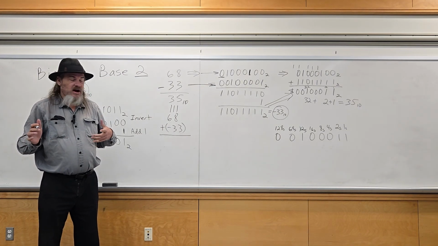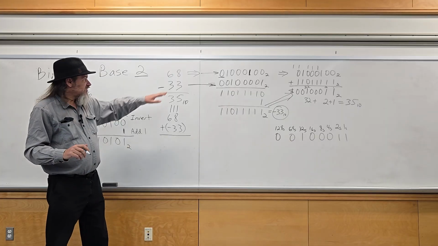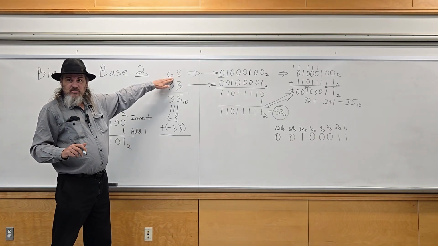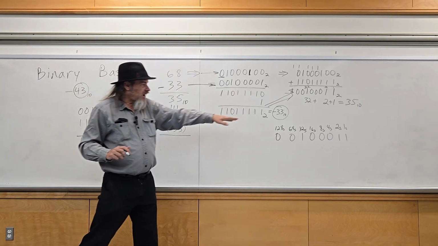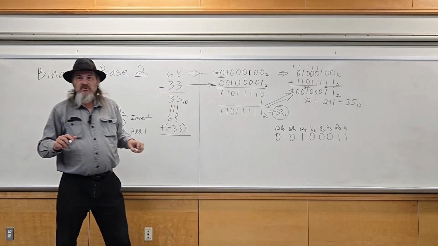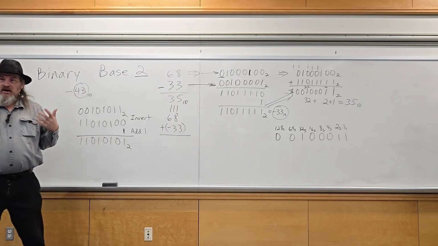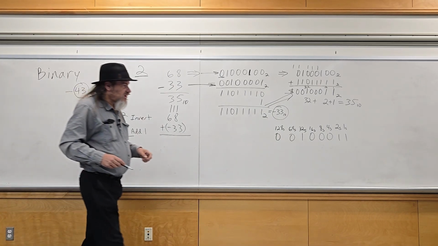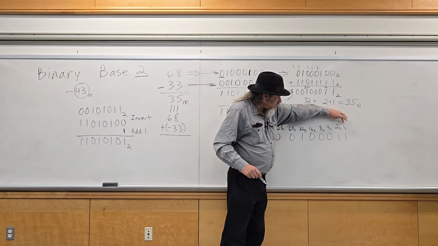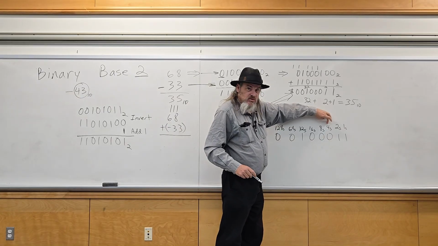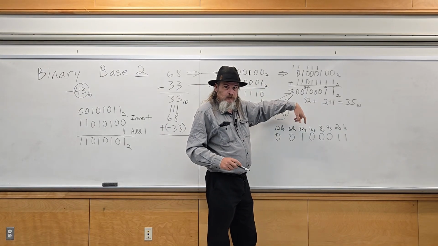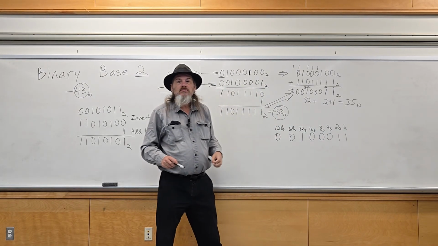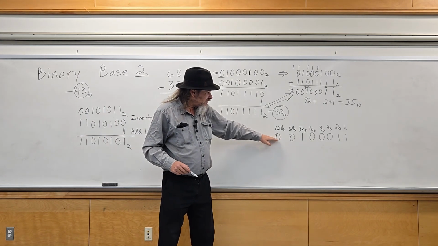That's the position. Kind of like in decimal, this is the 1's position, this is the 10's position. In binary, the positions have different values. It's 2 like I did on the first board: 2 to the 0, 2 to the 1, 2 to the 2, 2 to the 3, etc. These?